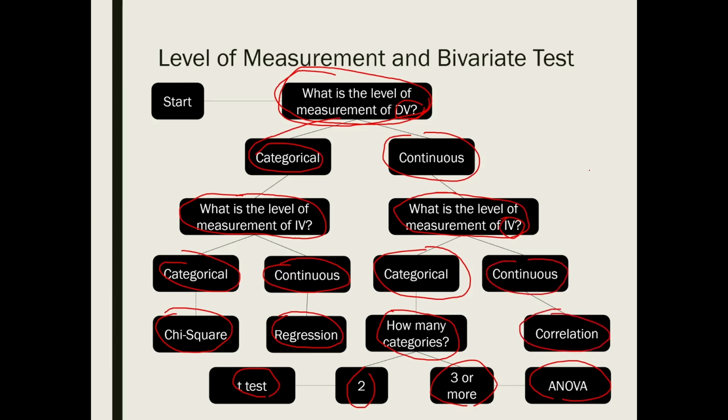Okay, so you should remember this one, or at least print this out as your handout, to make sure your decision on which hypothesis test you are going to use for a bivariate test. Okay, only two variables, one independent variable, one dependent variable. This is good for you to make sure that you use the correct hypothesis test approaches.